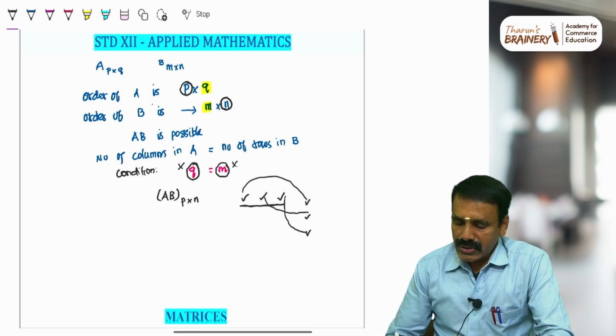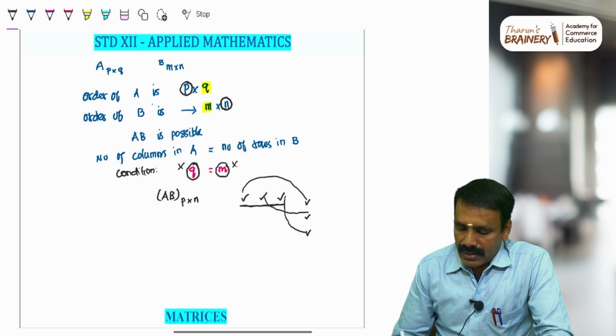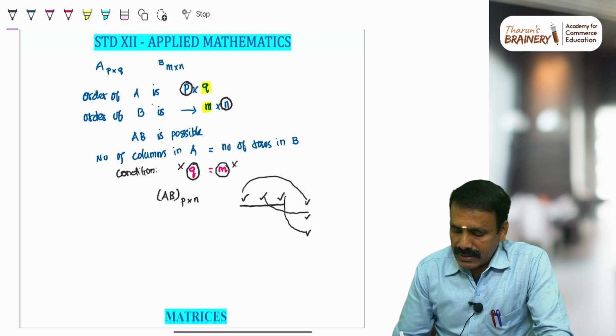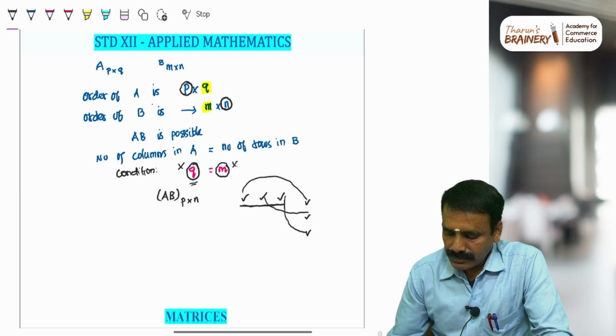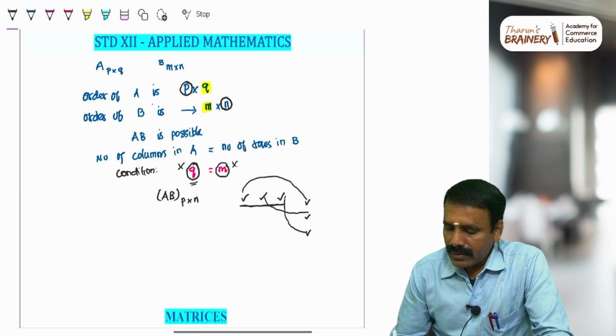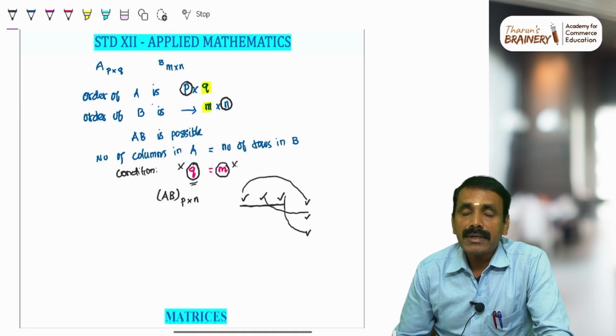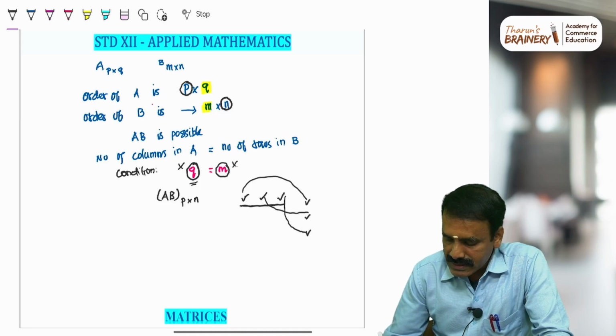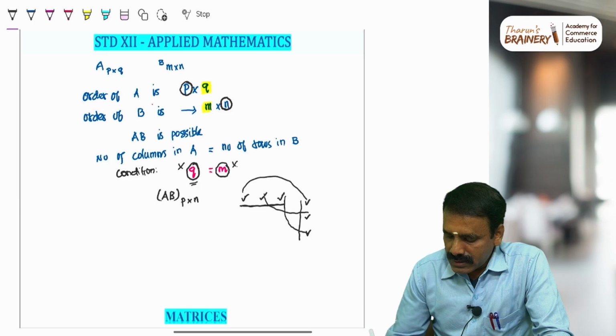That's why we make sure the number of elements in the row, that is the number of columns in the first matrix, this is the first column, second column, third column, must be equal to the number of rows in the second matrix. This is the first row, second row, third row. Is it clear?